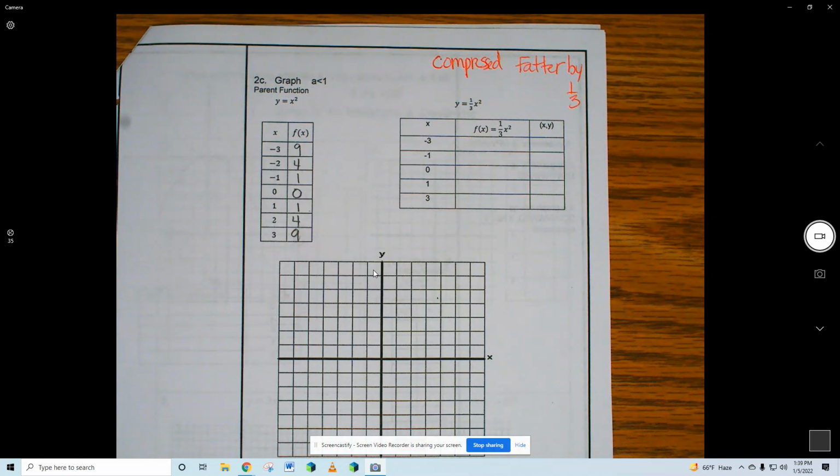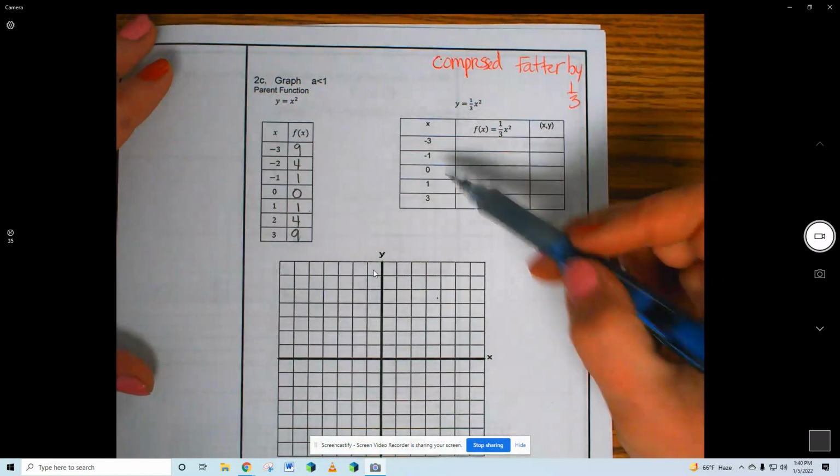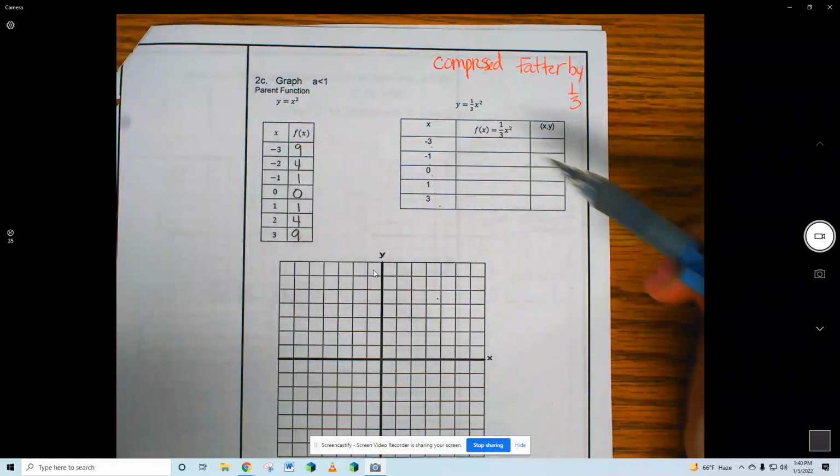Is that 3? A 1/3 times a 9 is going to be 9/3, which is 3. But maybe you need to go slow because it's hard to do it in your brain, so go slow. Plug in negative 3. Plug in negative 1. All these values of x that I gave you, you're going to plug into the table of values.